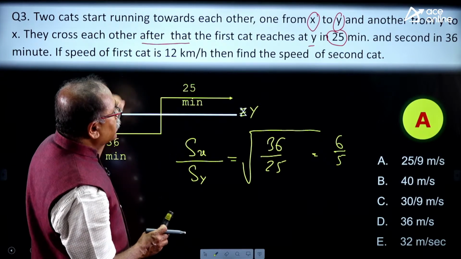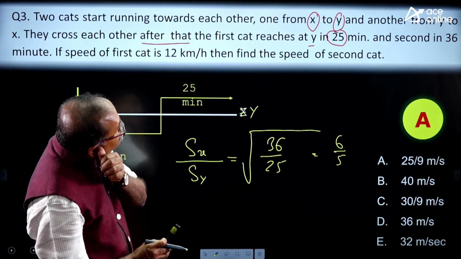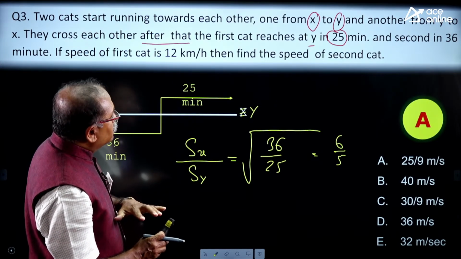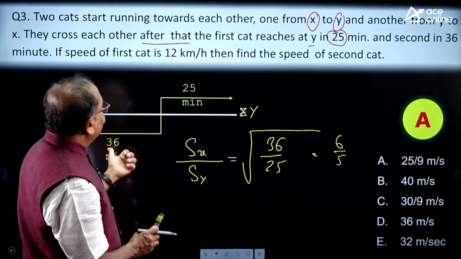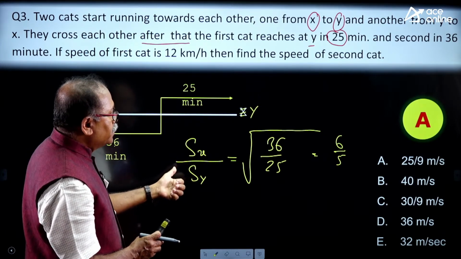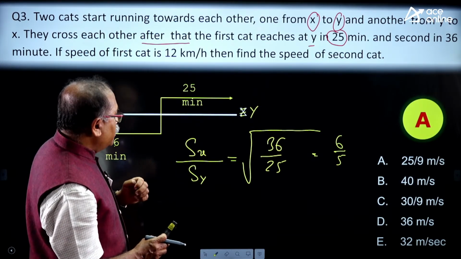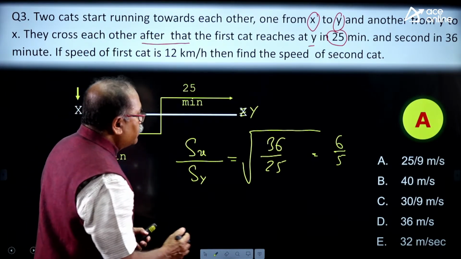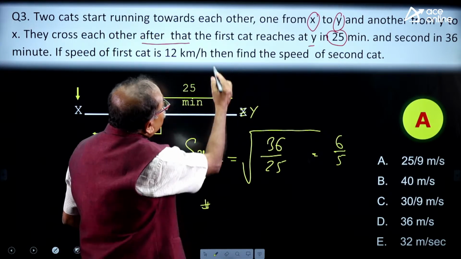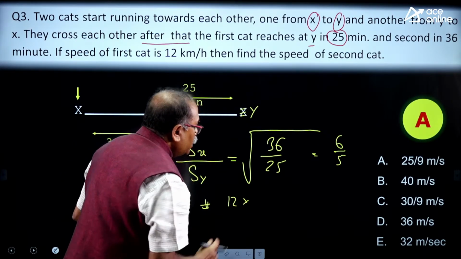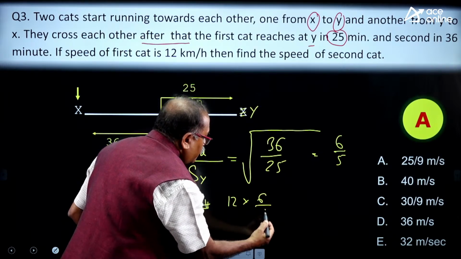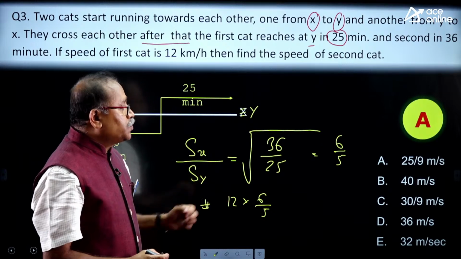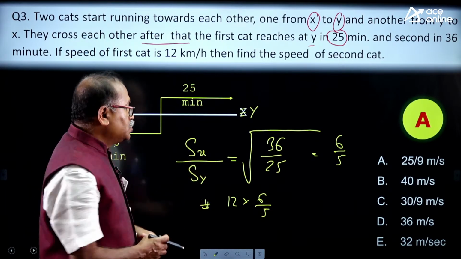So the speed of the first cat is given to us. And what is the speed of the second cat? That is square root of 36 by 25, that's 6 by 5. So 12 into 6 by 5, is that so? No, it should be 5 by 6.